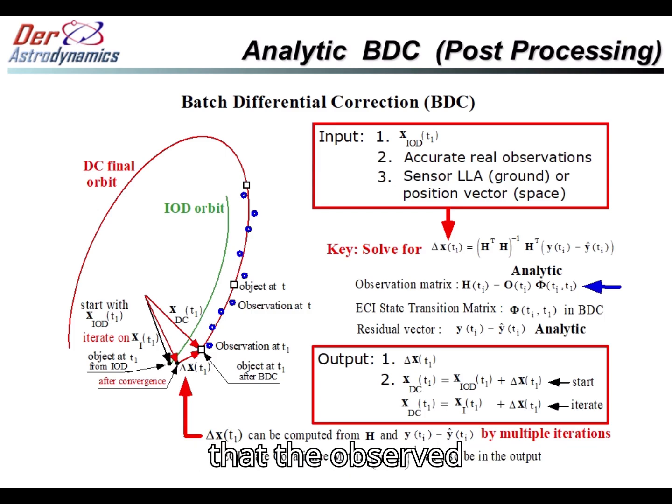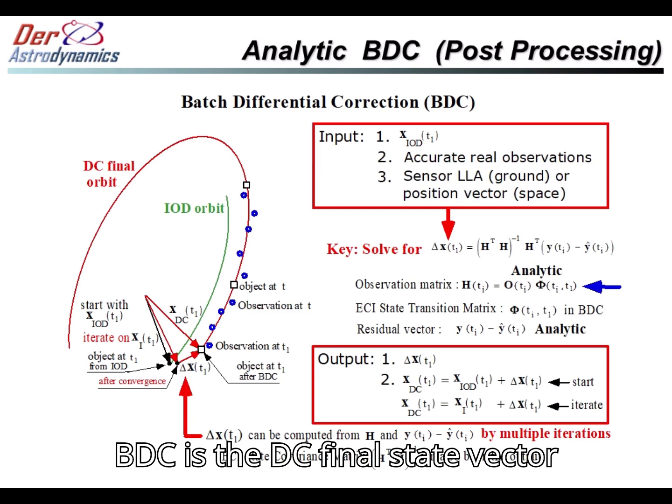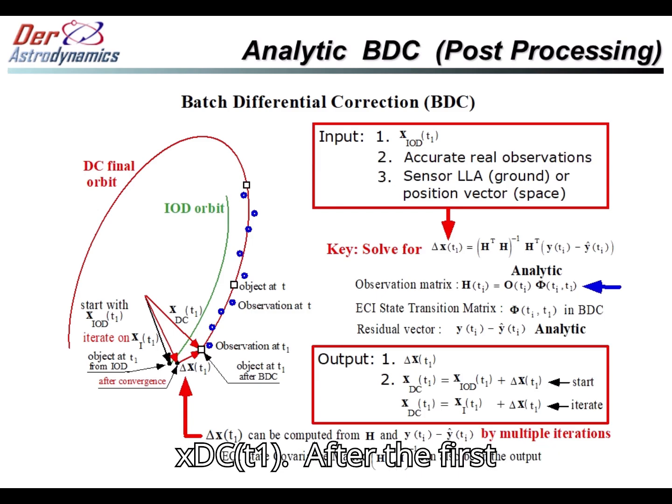Note that the observed observation vector YTI is given in the observation file. The output of BDC is the DC final state vector XDC-T1.